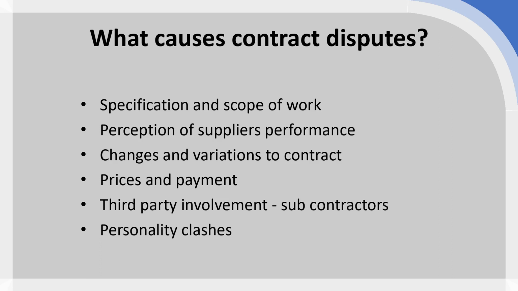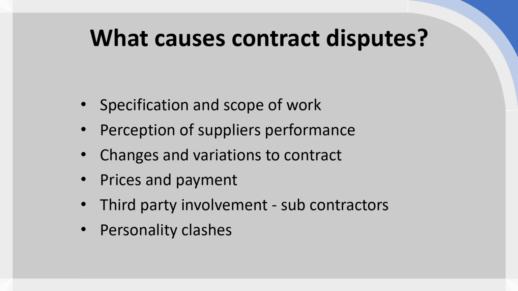So we have a range of major areas here, some of which really are to do with individuals, personalities and circumstances. So there is always going to be the potential for disputes to arise.